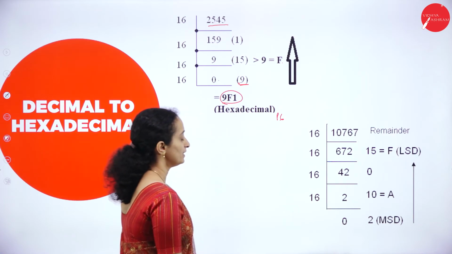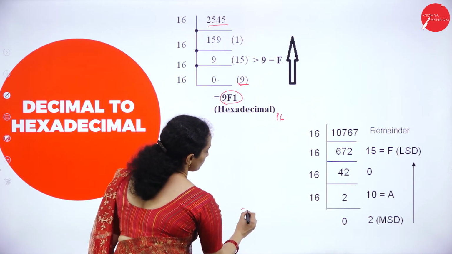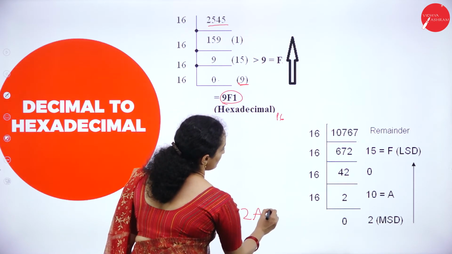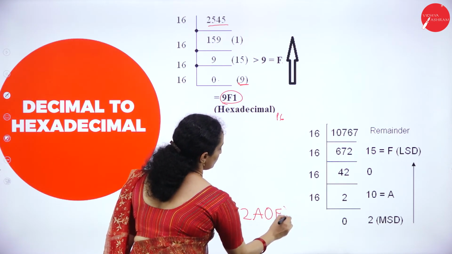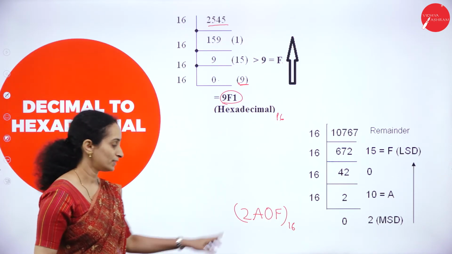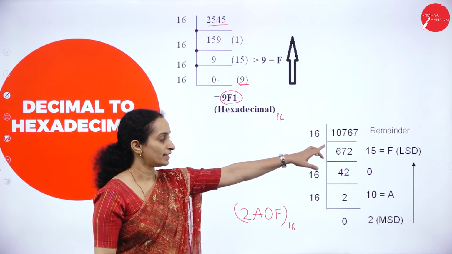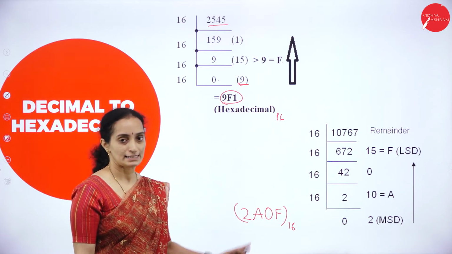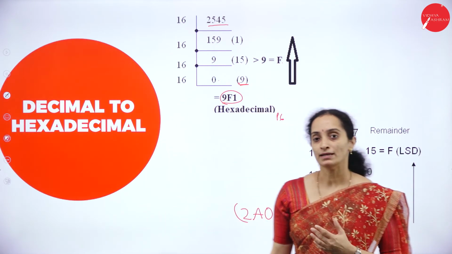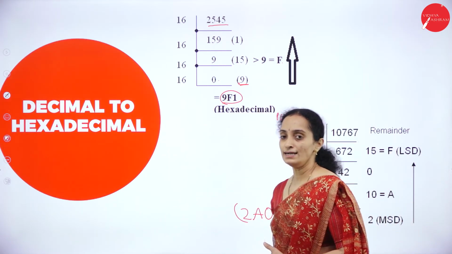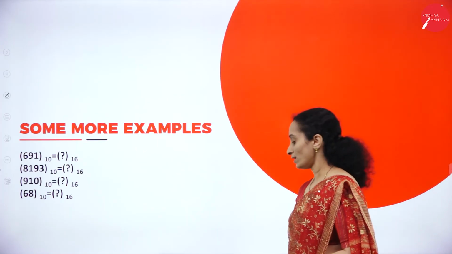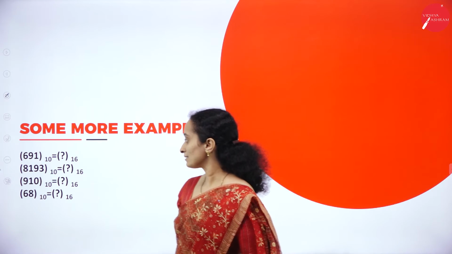So the final result is 2A0F to the base 16. This is the conversion from decimal to hexadecimal. We have some more examples of this.